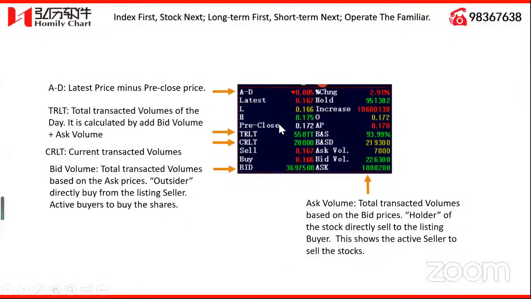Okay, so here I extract the data. And what is A and D? A and D is the latest trade price minus last close price. All right.